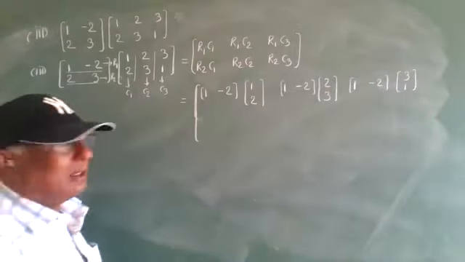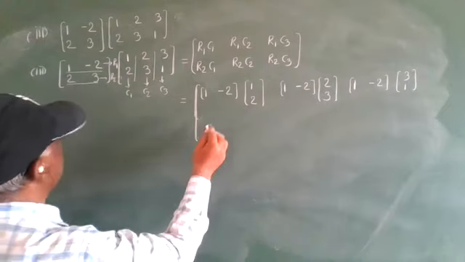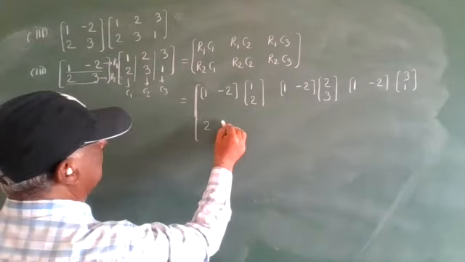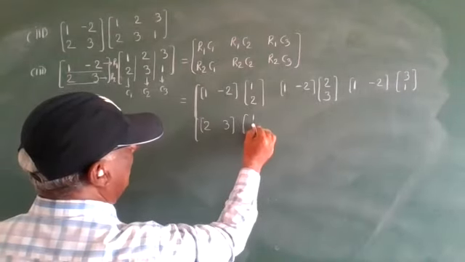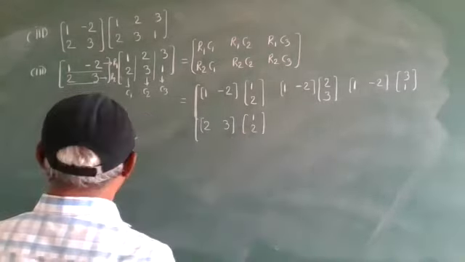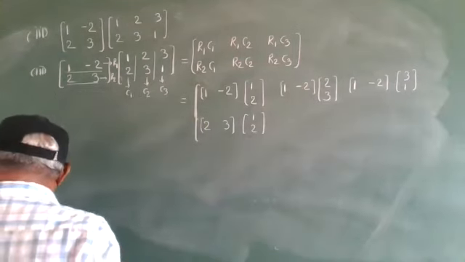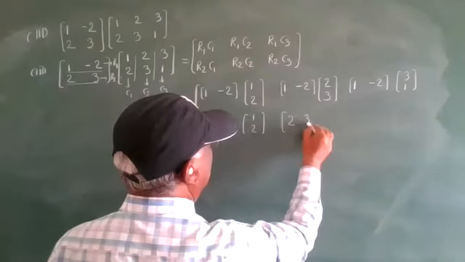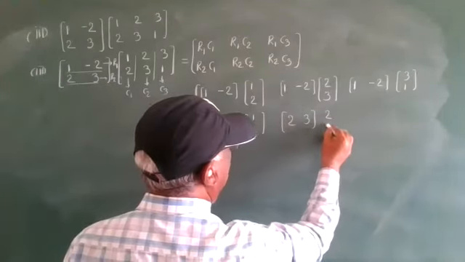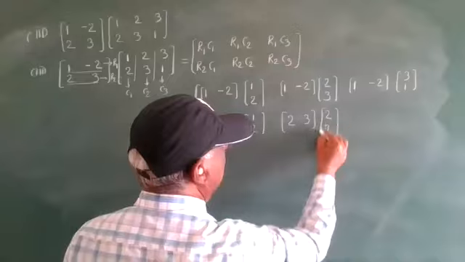First, everyone, write down R2. R2 is 2, 3, with the first column 1, 2. R2 is 2, 3, with the second column 2, 3.